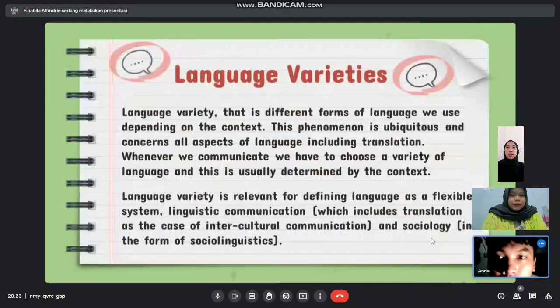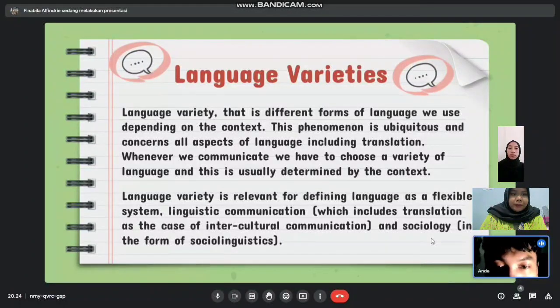Thanks, Finabila. Now I will explain the definition of language varieties. Language variety is the different forms of language we use depending on the context. This phenomenon is ubiquitous and concerns all aspects of language, including translation.